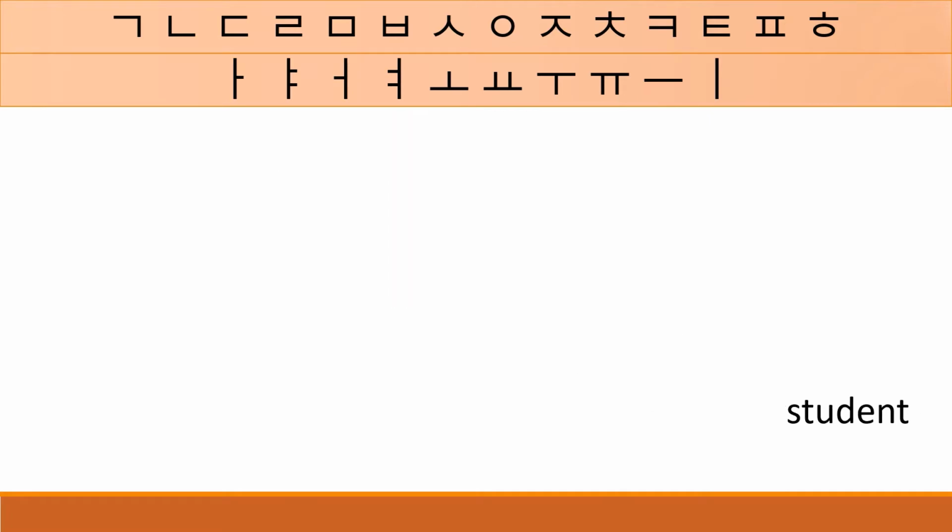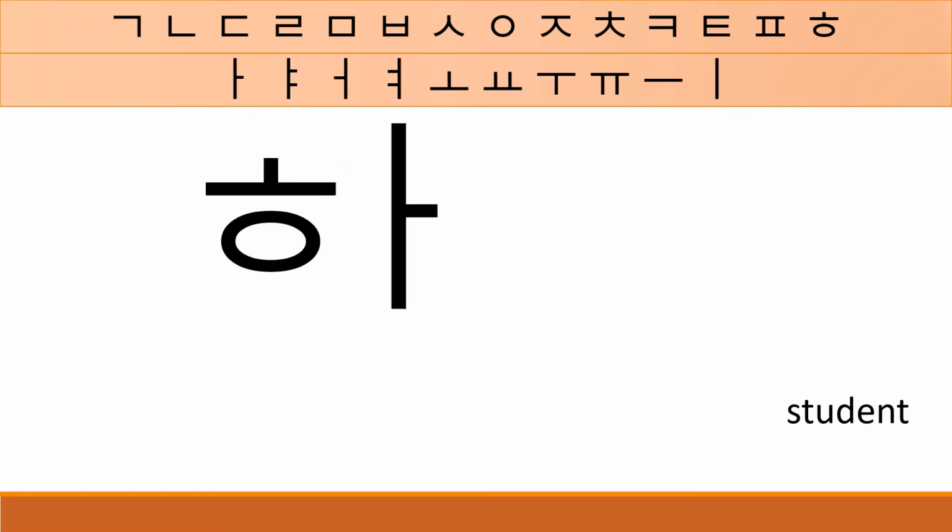Next, student in Korean is 학생. 학생. So 학 we already did in 학교, so it's the same. 흐 plus 아 and 그 underneath, 학.